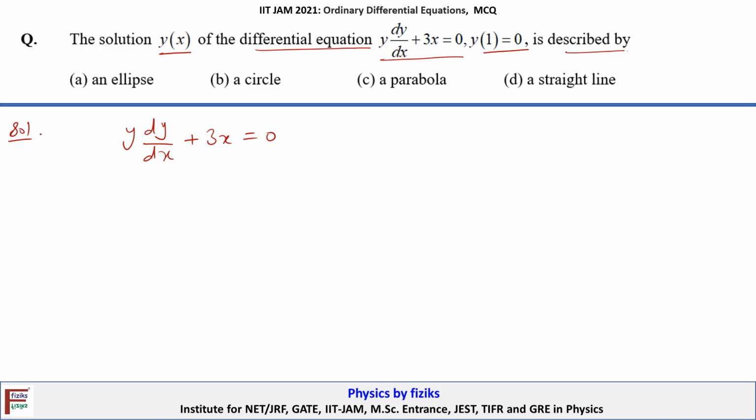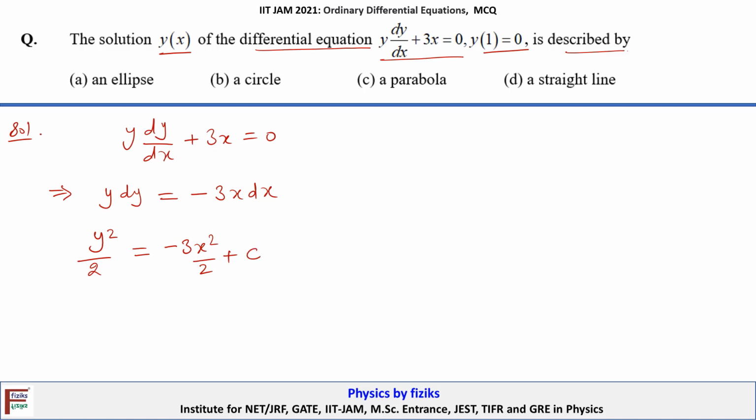Using the variable separation technique we can write y dy = -3x dx. Now integrating on both sides we can write y²/2 = -3 x²/2 + c, an arbitrary constant.